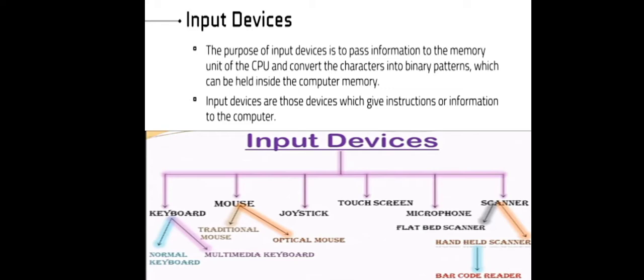Input devices are those devices which pass the information to the memory unit of the computer and convert characters into binary patterns. Binary patterns means in the form of 0 and 1, which is also called machine language, which are held inside the computer memory. Also, input devices are those devices which give instructions or information to the computer.